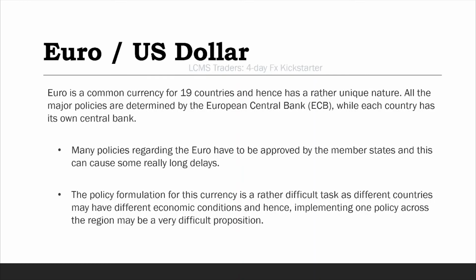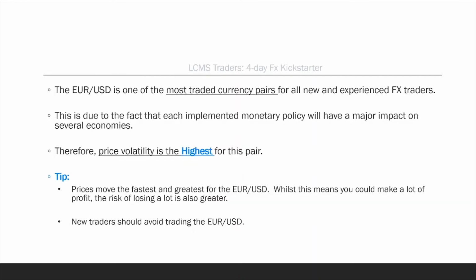So the Euro US becomes one of the most traded currency pairs for a lot of new and experienced traders. But because one economic policy could take a very long time to implement, when it's implemented, it has a big impact across several economies, a big impact on the price of the Euro US dollar.